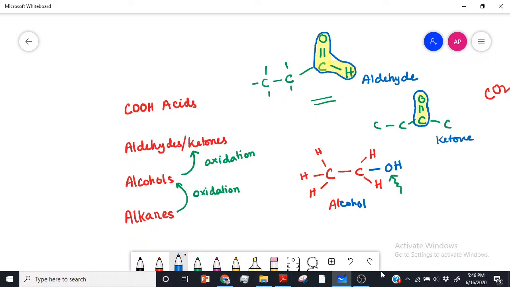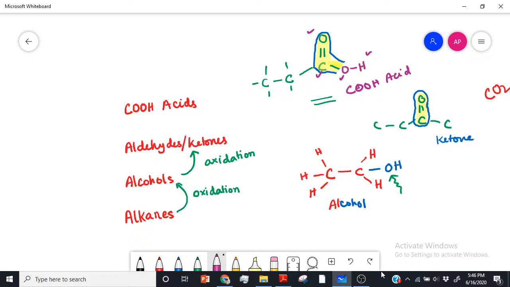Now let's take the example of aldehyde. In this aldehyde, if this H is replaced by OH, then that becomes a COOH acid, a carboxylic acid.